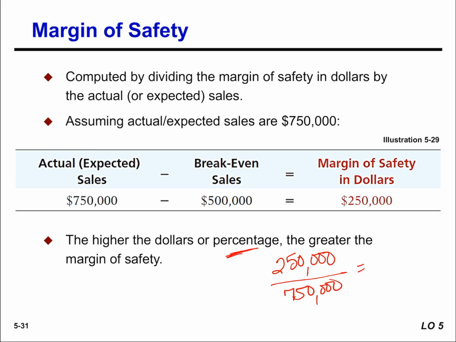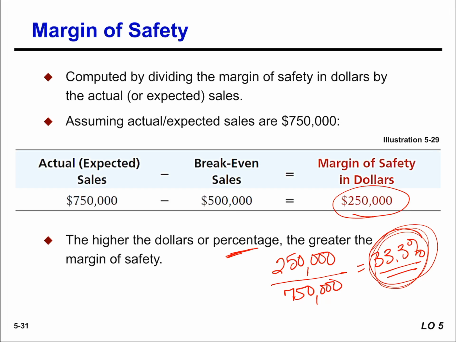So 250,000 divided by 750,000 would give us our margin of safety percentage, which in this case is 33.33%. So sometimes we could say we're going to lose 250,000, or in this case, 33% of our current sales before we break even. So lots of different topics to talk about in this chapter, just to highlight an overview of all the different things that we're going to start talking about when we start analyzing the relationship between cost, volume, and profit.